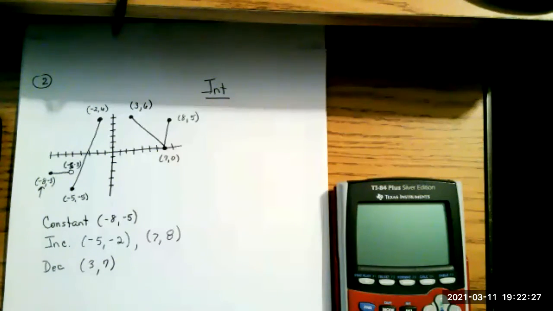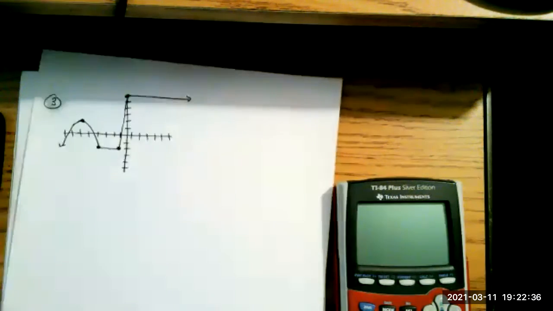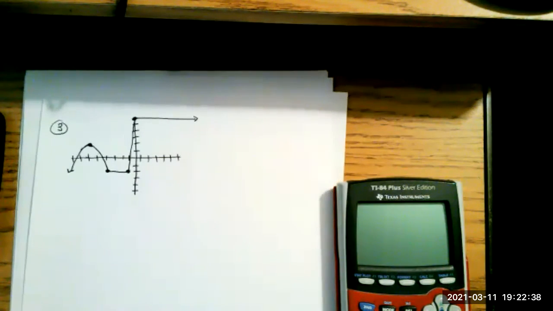All right. Let's do the next one. This is the way the picture looks. And these are all intervals, increasing, decreasing, or constant. It doesn't ask for anything else, just that. Okay, let's put the values in here.